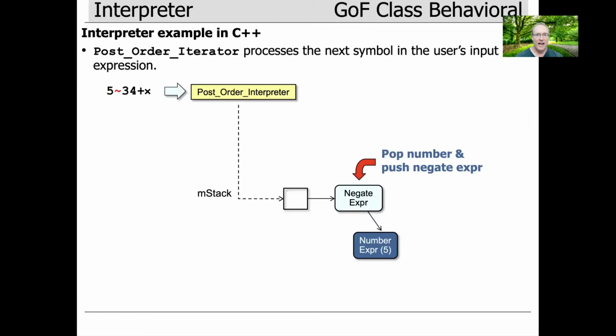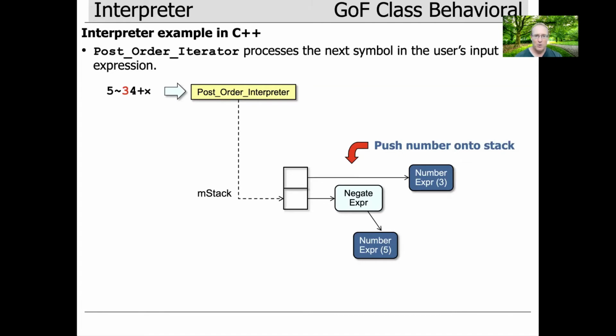It will then see the negate symbol, which, as you may recall, is the little squiggle, and it'll pop the number expr off the top of the stack and then push the negate expr on top of the stack. So now we have negate expr, which is going to reference number expr for the value 5.